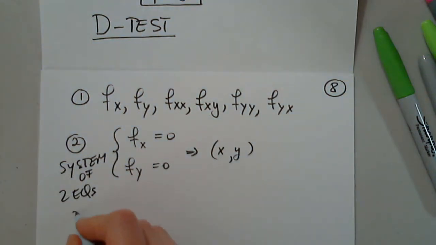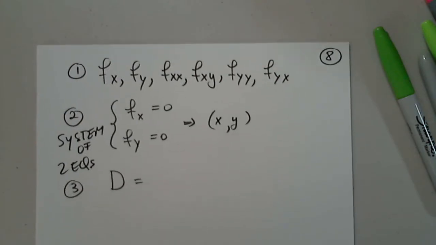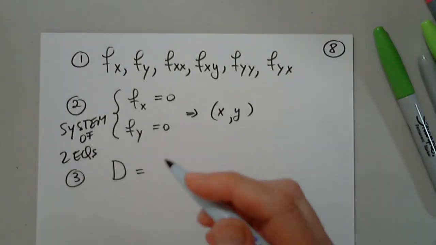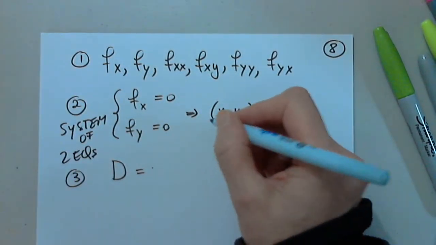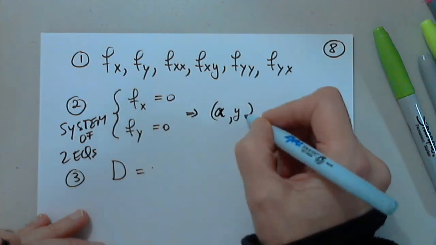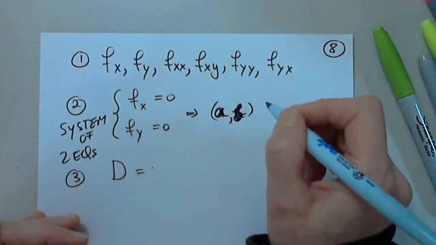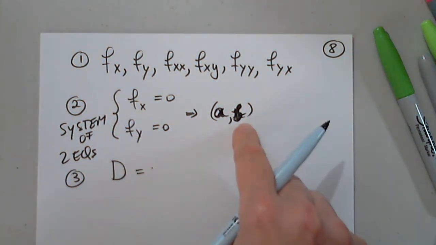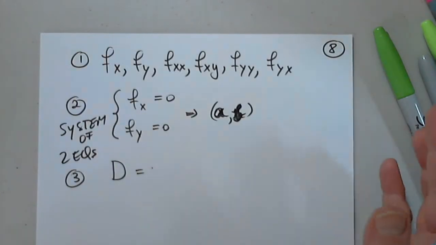Okay, in step 3, I calculate this D number. And the D number is calculated like this. Let's say here I get not x, y, because they're just numbers, right? So let's use a comma b. But let's suppose from this system I obtain a point or points.